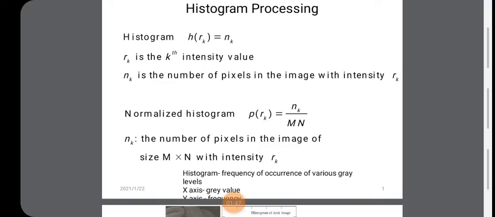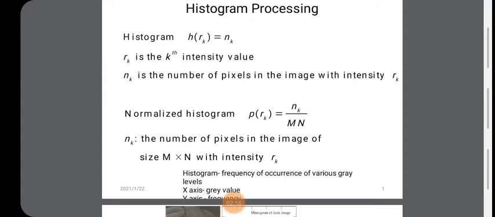Like I said in previous sessions, for values from 0 to 255, for a particular gray level, we can get how many times that intensity appears in the image.